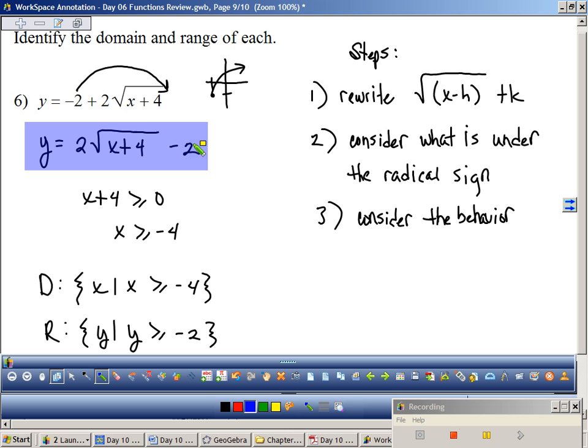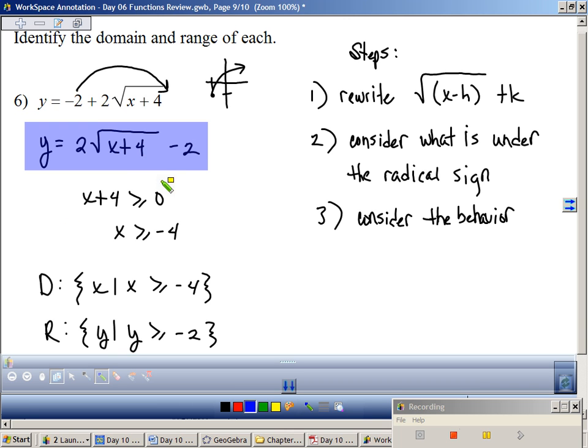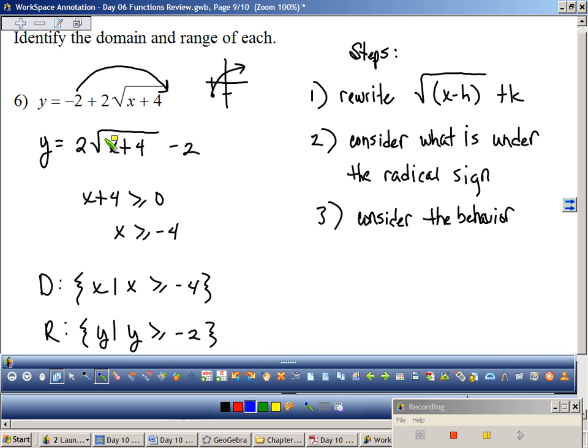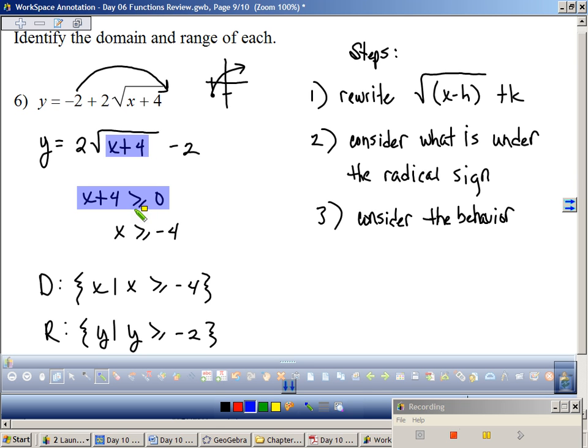Because once it's in this form, I can see what it's going to do. It means it's going to go to the left, and it's going to go down, right? That's the only reason I put it in this form. After that, your next step is to figure out this controls the domain right here. So that's why we set it, because we have to have it greater than or equal to 0.